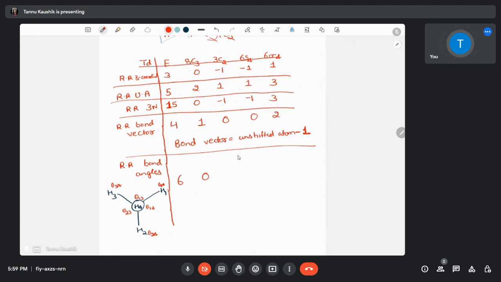So bond angles will be changing. So it will be 0. And for C2, it is 2. But for the other it is 0. So sigma, it is 2.